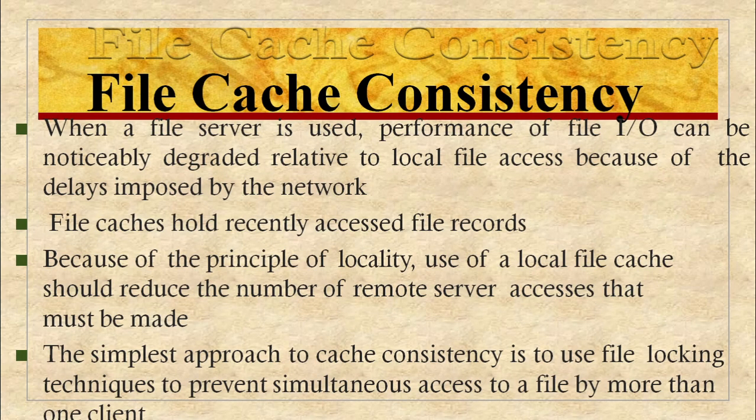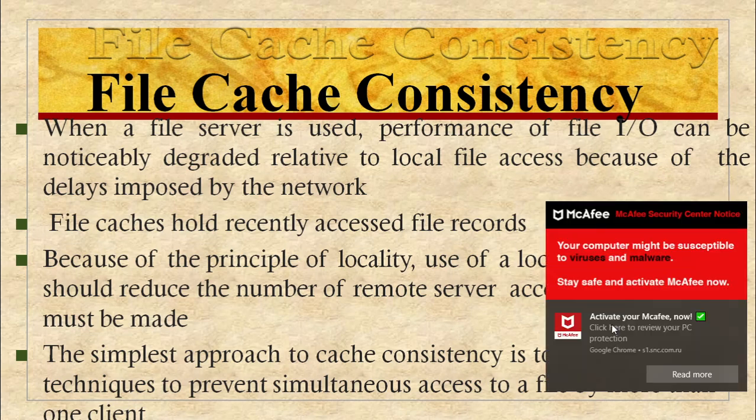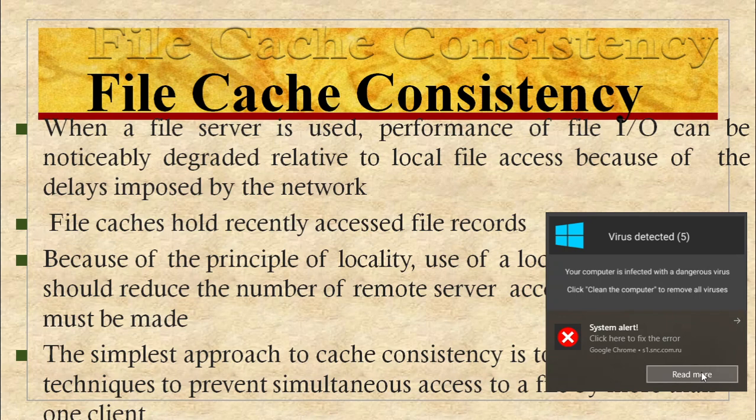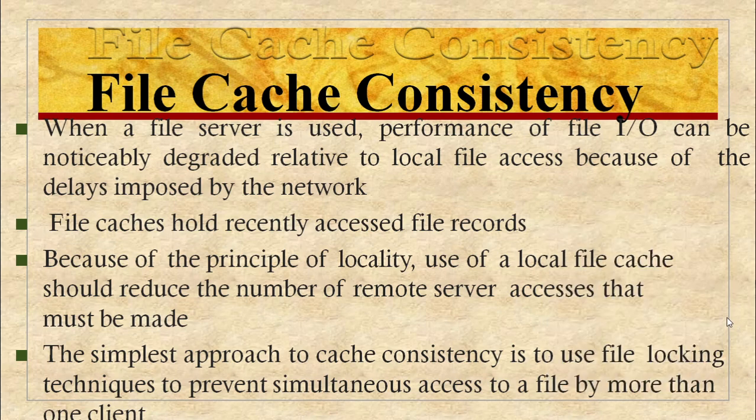File cache consistency. When a file server is used, the performance of input output can be noticeably degraded relative to local file access because of the delay imposed by the network.